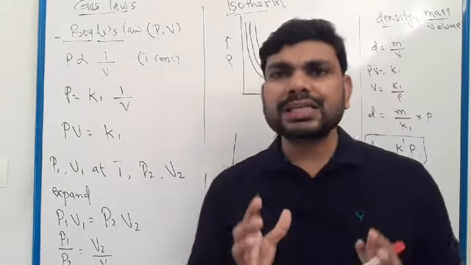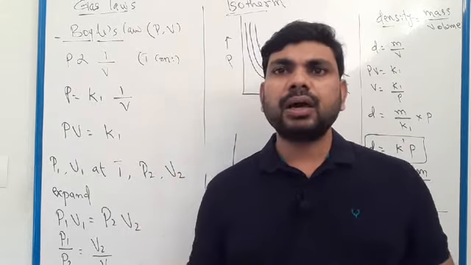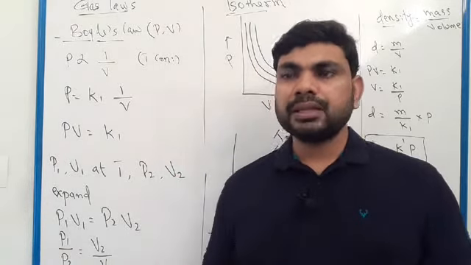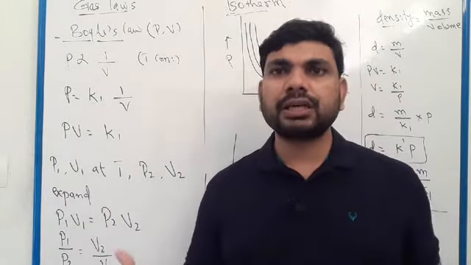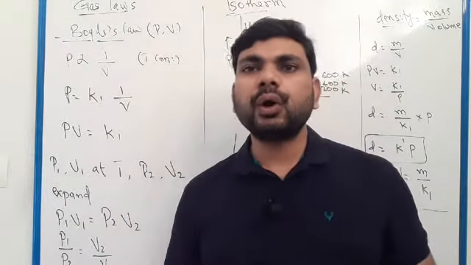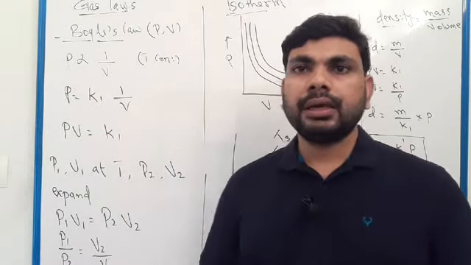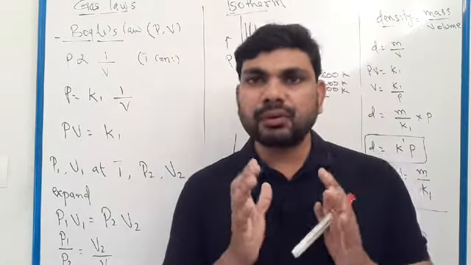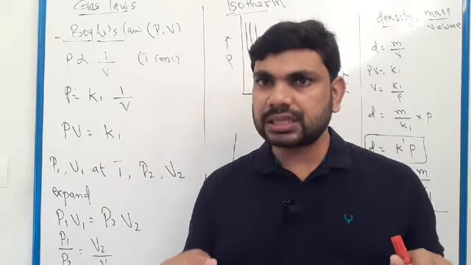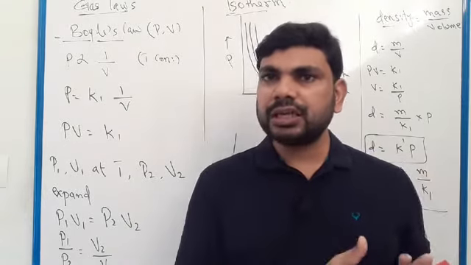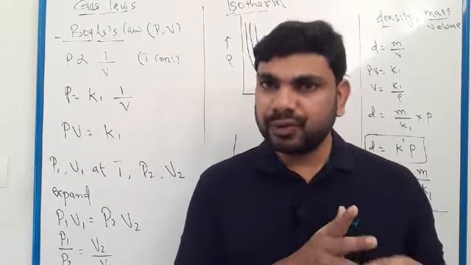Consider a fixed amount of gas at a constant temperature T. Its initial pressure is P1 and initial volume is V1.